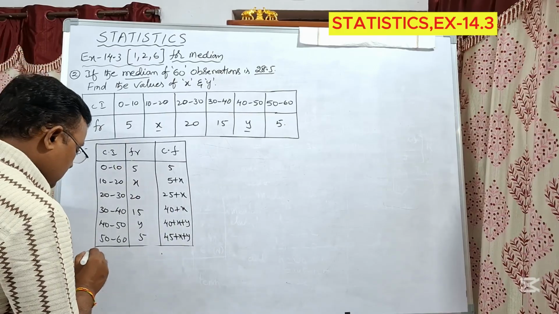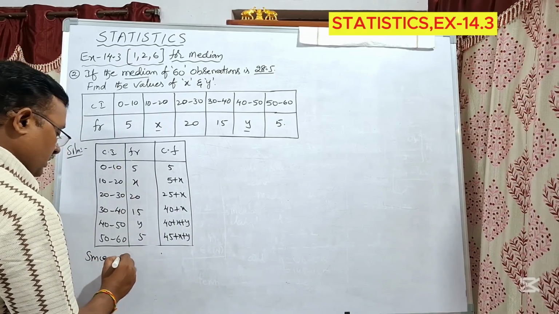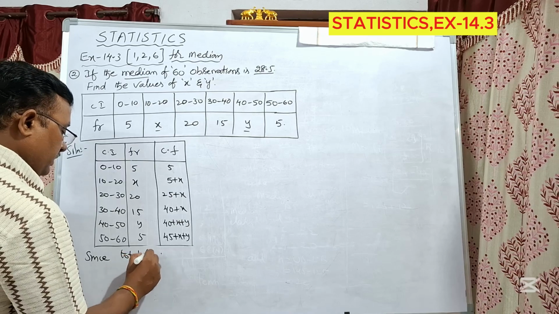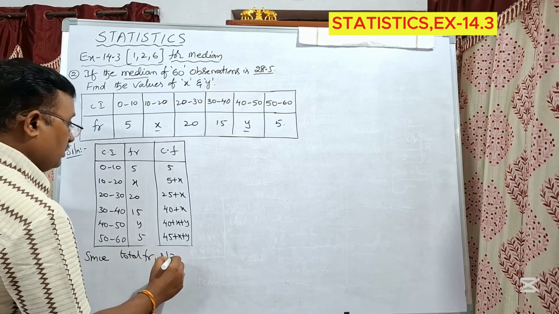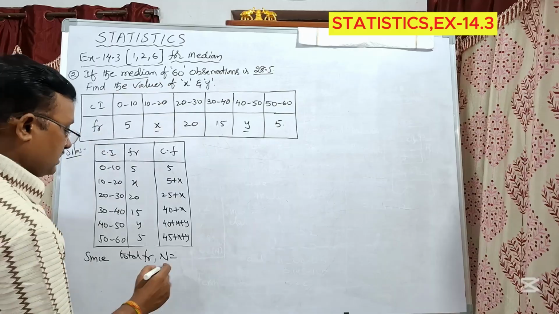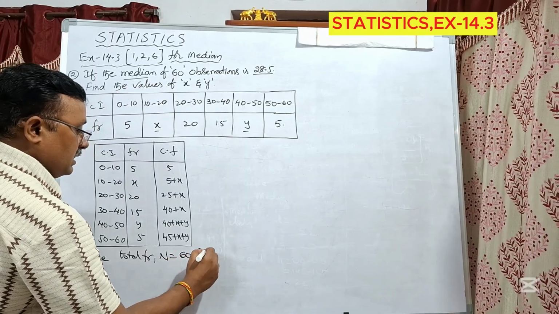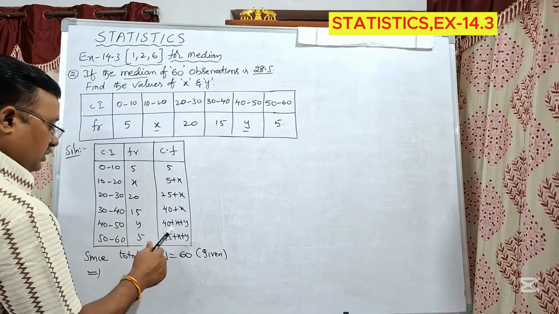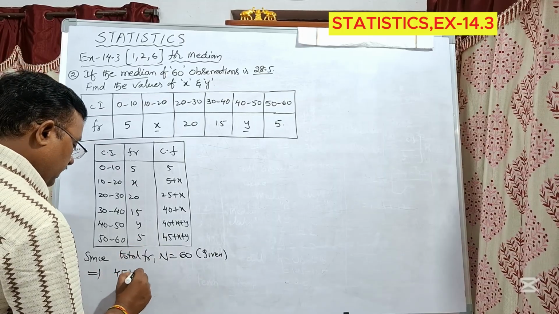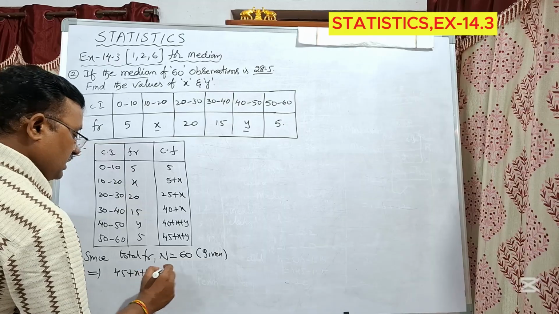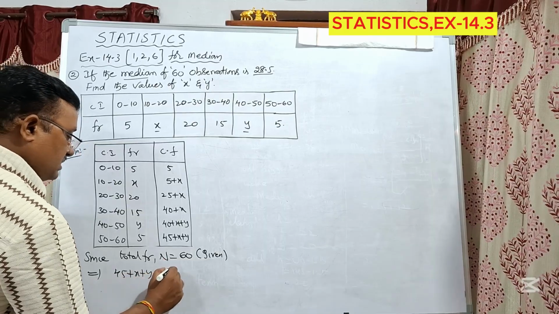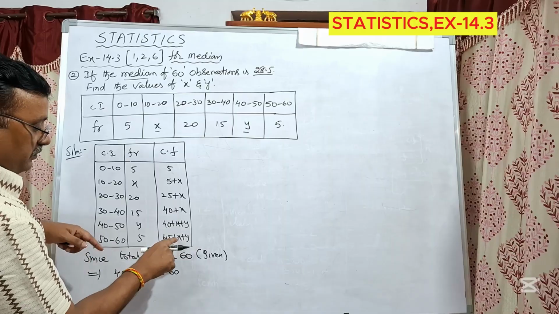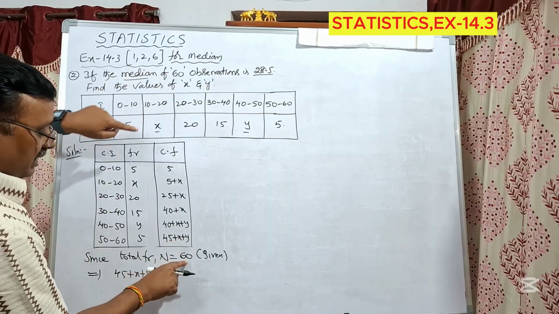Since the total frequency n in the data is given as 60, this total value 45 plus x plus y is n, that is 60.